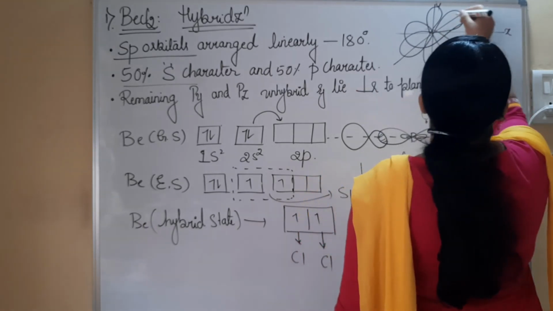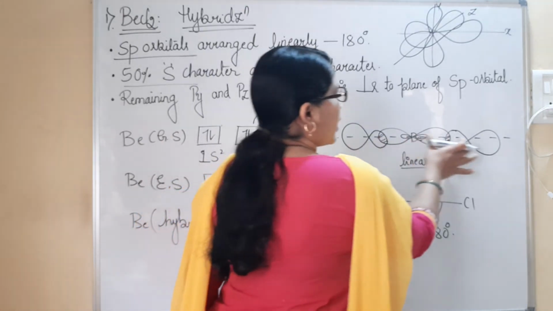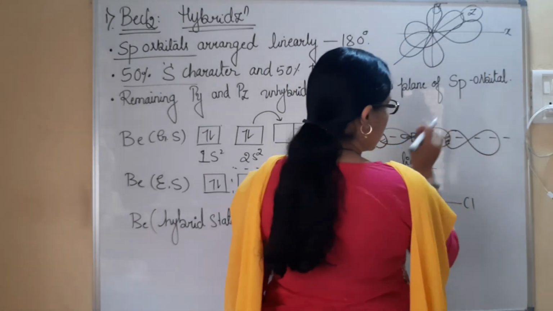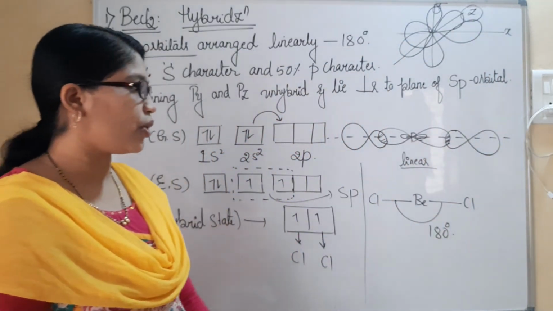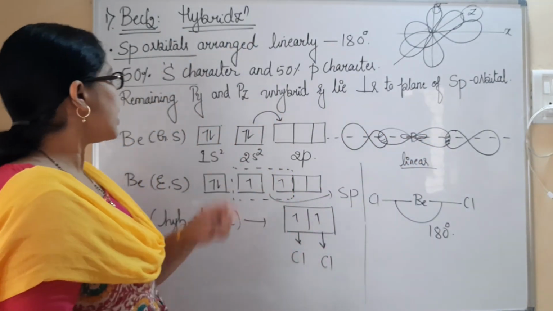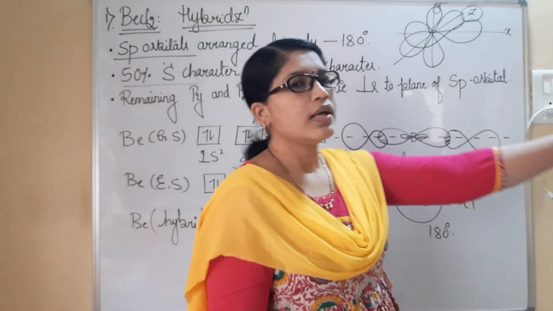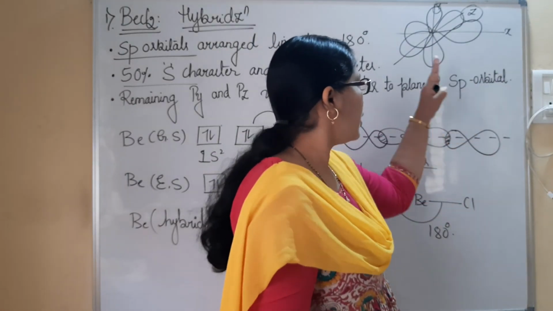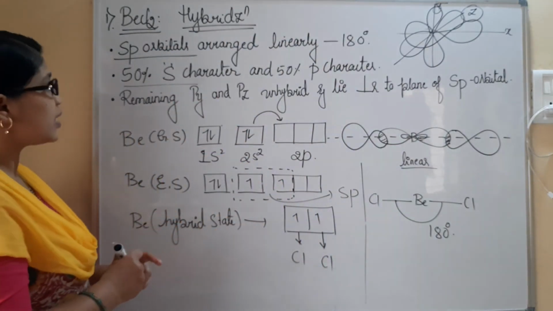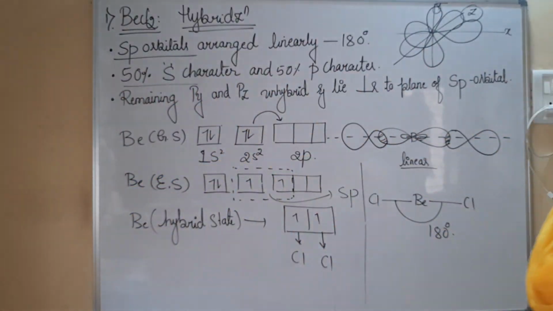Now what type of orbital have we considered here? We considered the x axis orbital. Now y and z will remain as they are in this molecule. We will not show that, because only px is involved here. That is the second point. The remaining are unhybridized and they will lie perpendicular to the sp orbital. This is sp, and they will lie perpendicular like this. So this is all about the hybridization in beryllium chloride, BeCl2. Please do copy this point. We'll move to the next.